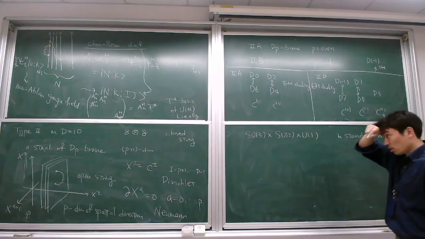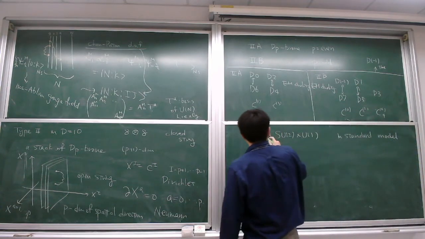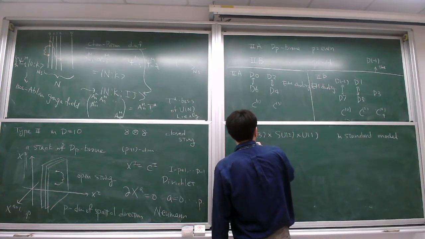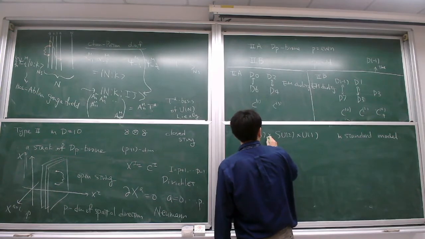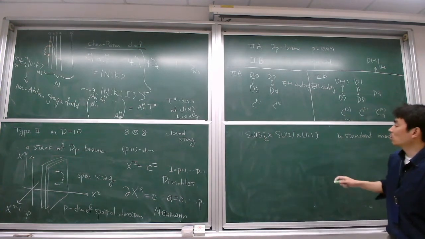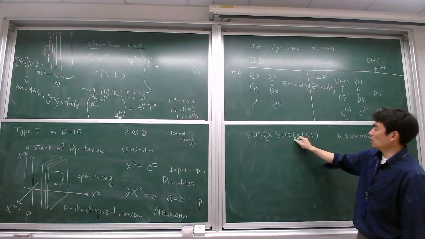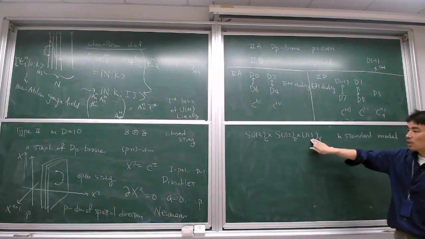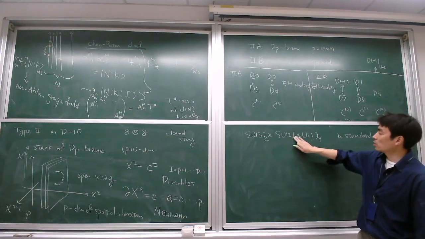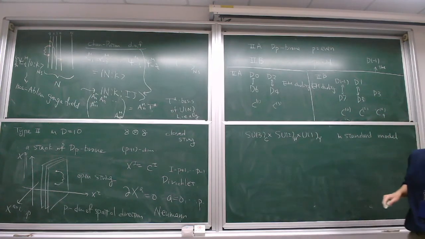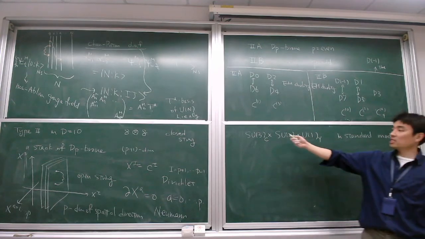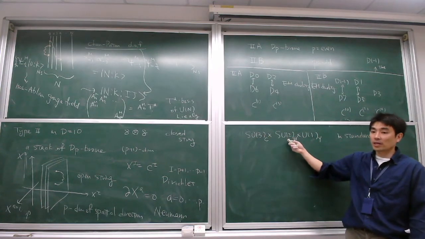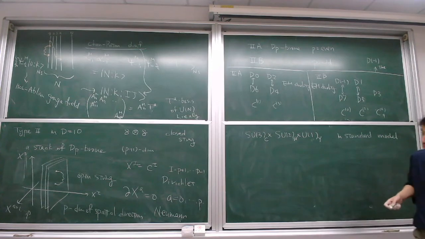SU(3) is called the strong force, with color. I think U(1) is hypercharge, SU(2) is weak, maybe W. And these are non-abelian gauge degrees of freedom.